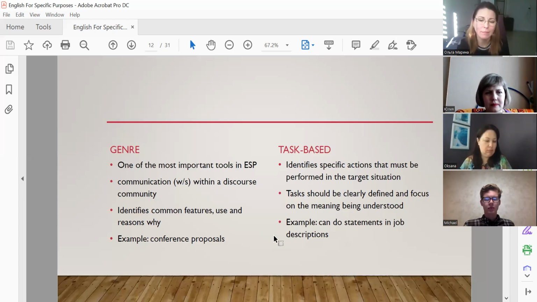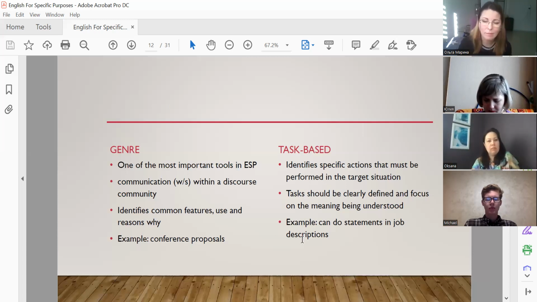Okay, and then when preparing a course, task-based, it is one methodology, identifies specific actions that must be performed in the target situation. Tasks should be clearly defined and focus on the meaning being understood. Example, can-do statements in job descriptions. So for each job, before enrolling on a course, the reason people take the IELTS test is to study abroad.